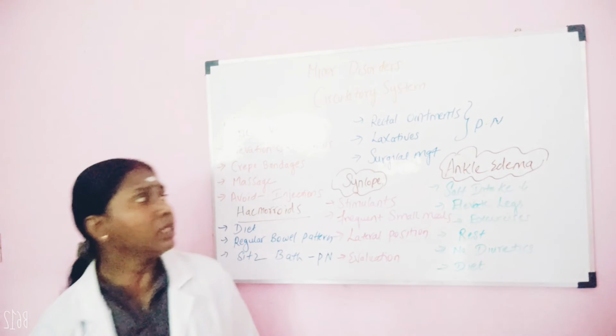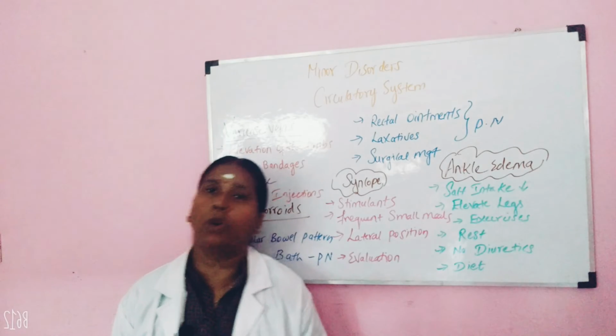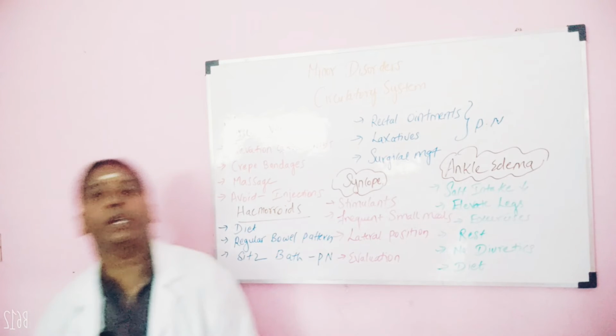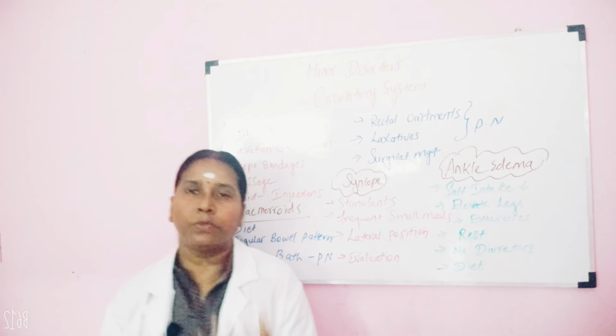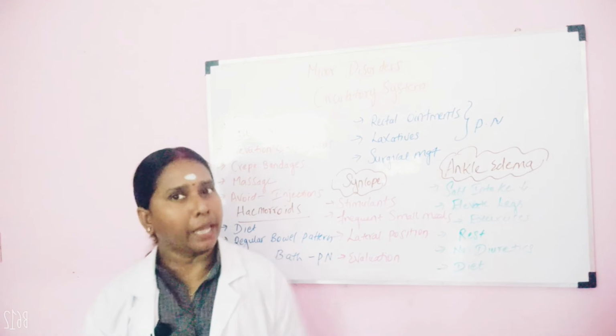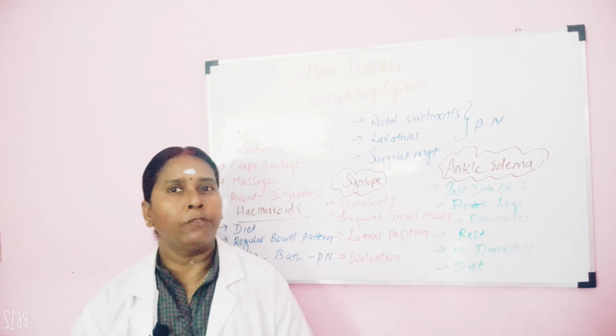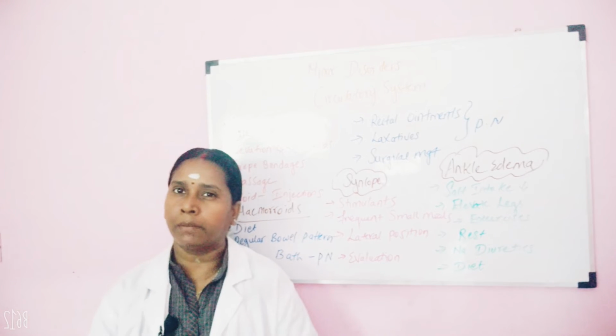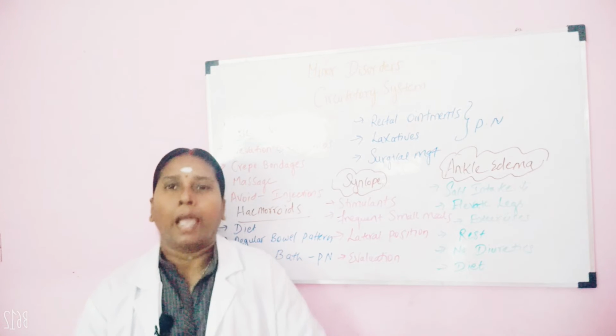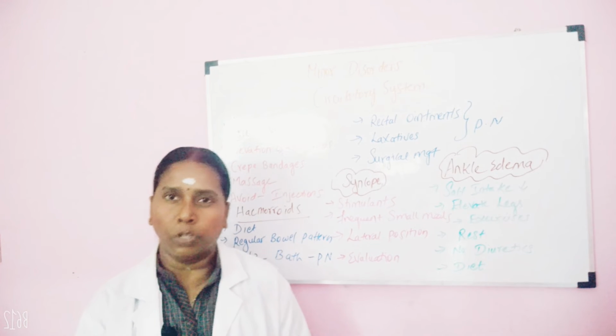Okay, so then comes the ankle edema. Already when we discussed varicose veins, I said a few points about ankle edema. It is again because of pooling of fluids: your veins become relaxed because of your hormones, and pooling of blood takes place.